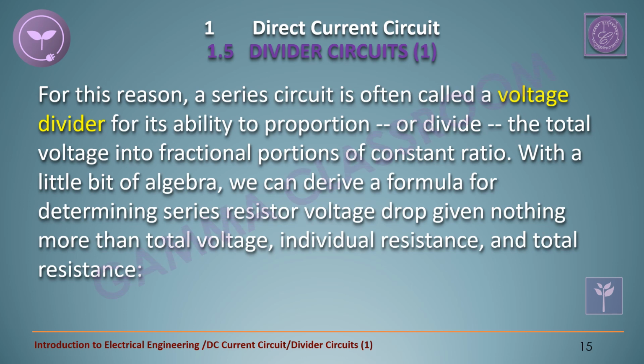For this reason, a series circuit is often called a voltage divider for its ability to proportion or divide the total voltage into fractional portions of a constant ratio. With a little bit of algebra, we can derive a formula for determining series resistor voltage drop, given nothing more than total voltage, individual resistance, and total resistance.